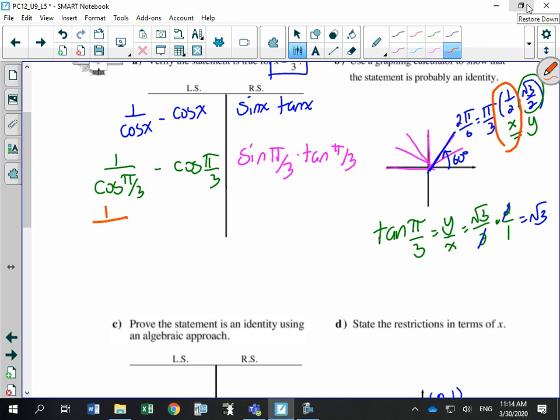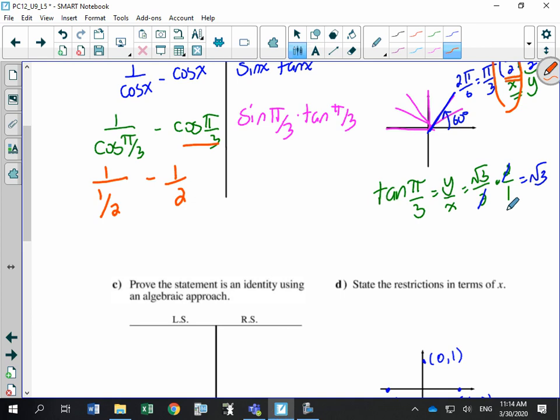So that would be 1 over 1/2 minus the cos of pi over 3. Remember, cos of pi over 3 is 1/2. 1 divided by 1/2 is the same thing as 1 times 2 over 1. So 1 divided by 1/2 would be 2 minus 1/2.